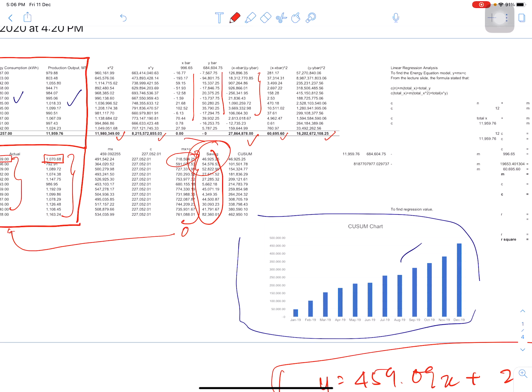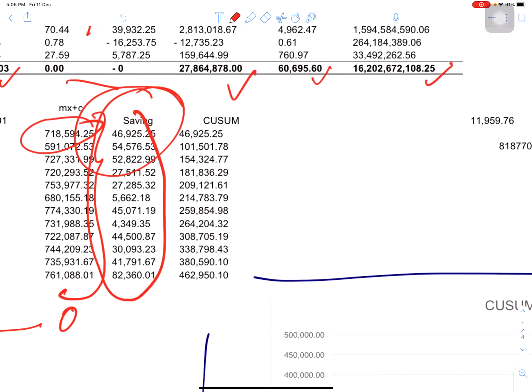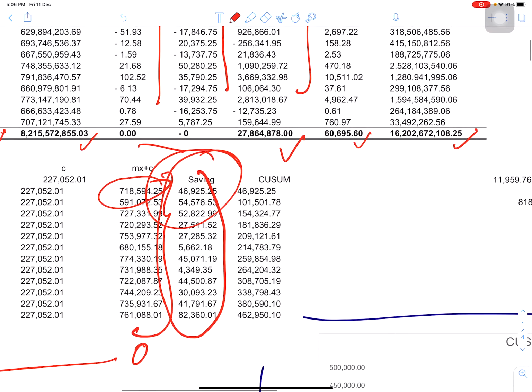So for example here, this is January 2019. For February, the cumulative summation is January plus February. This is the value.